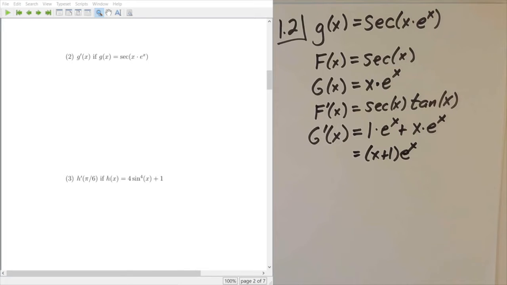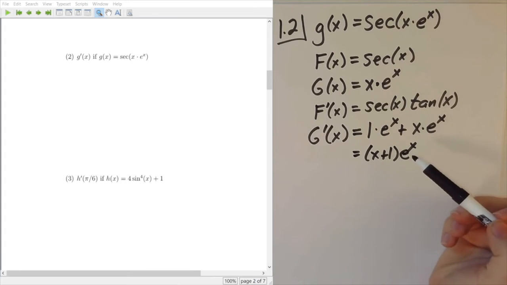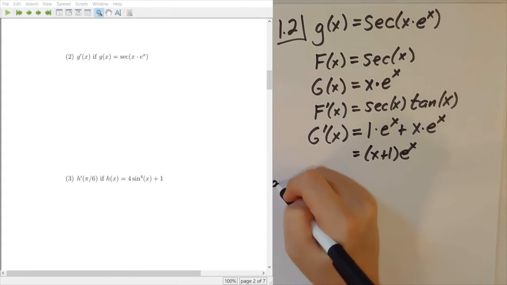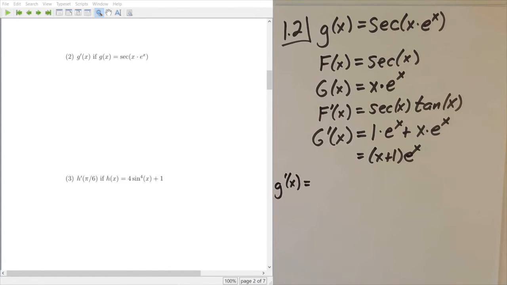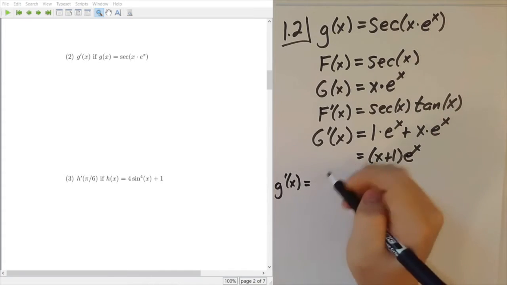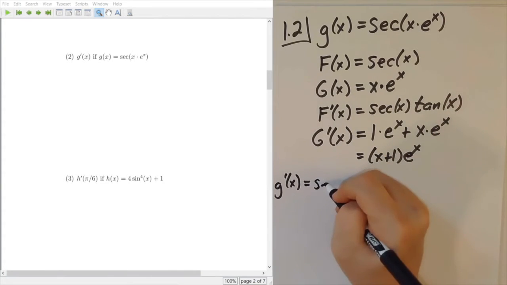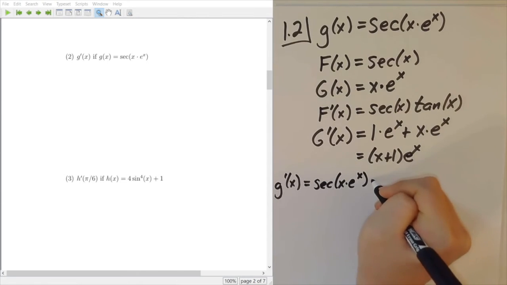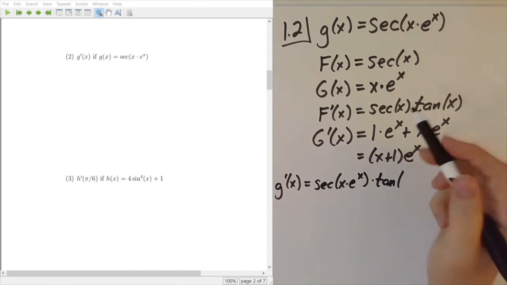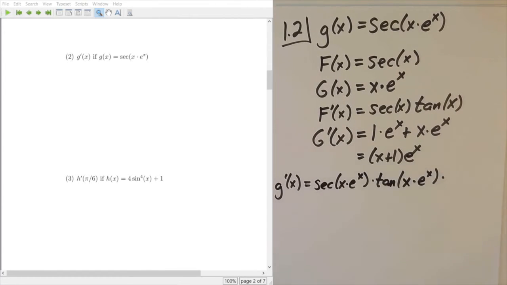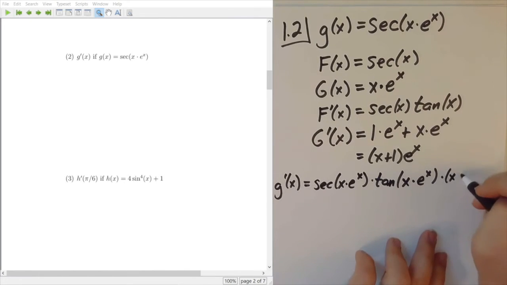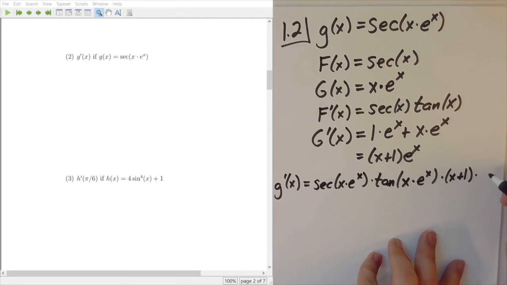All right, and now all we have left to do is to apply the chain rule. So we're going to get that little g prime of x is going to be f prime of g, so that is secant of x times e to the x times tangent of, and notice I have to plug this x times e to the x into both of these places, times, and then we need to multiply by the derivative of big G, so times x plus 1 times e to the x.